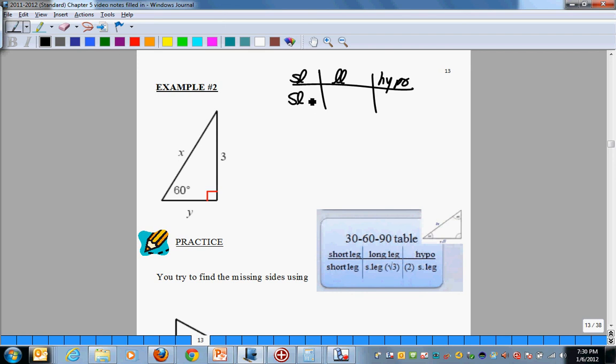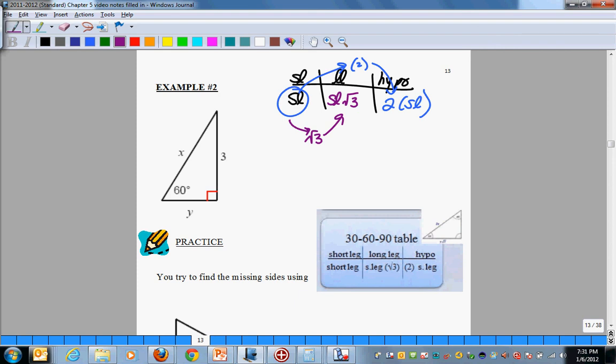Whatever the short leg is, we times by 2 to get the hypo. So the hypo is 2 times the short leg. Whatever the short leg is, we times by root 3 to get the long leg. So the long leg is the short leg times root 3. That's the pattern in a 30, 60, 90 triangle only.